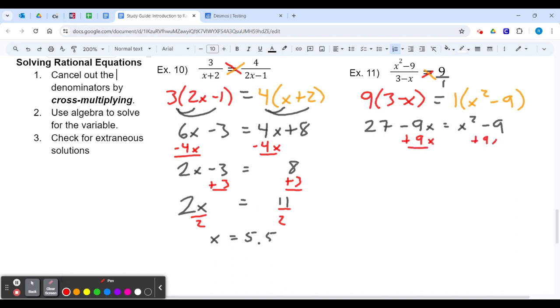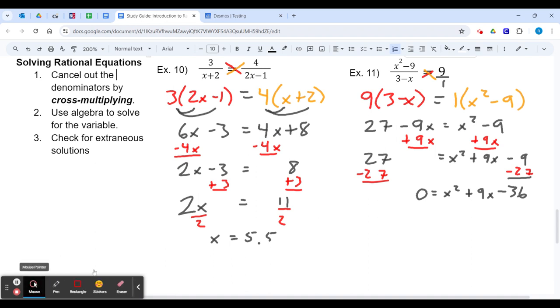That leaves me with 27 on the left equals x squared plus 9x minus 9. And now I'm going to subtract that 27 from both sides as well, leaving me with just 0 on the left, and x squared plus 9x, and then negative 9 minus 27. That gives me negative 36.